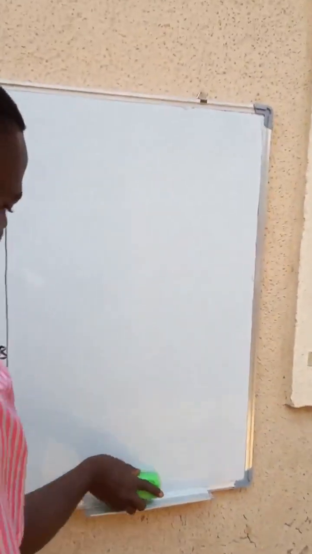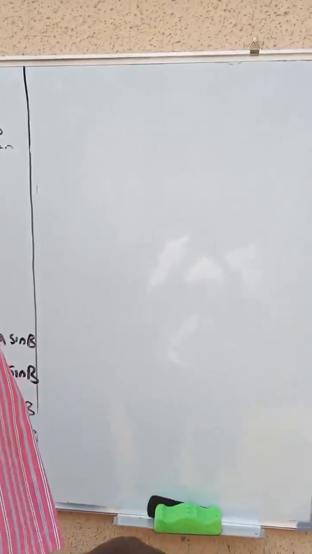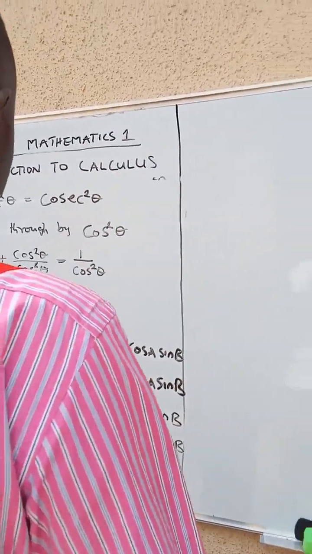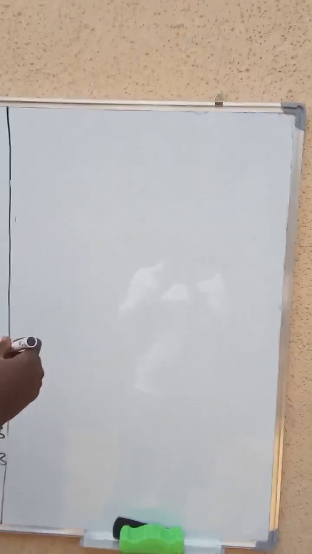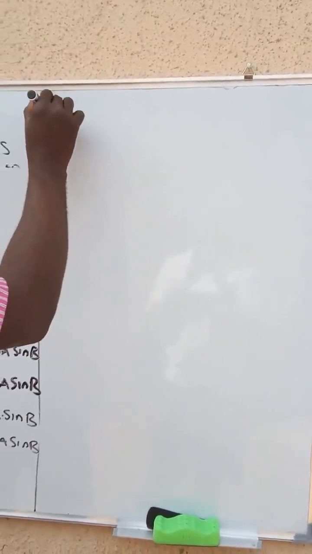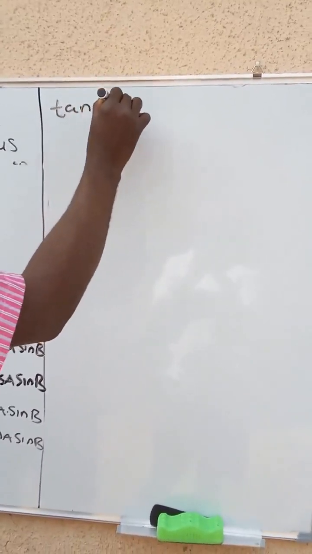Now look, we all know that sin A plus B is sin A cos B plus cos A sin B. That means my tan A plus B is equal to what?